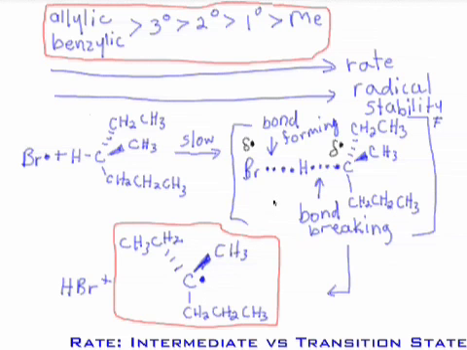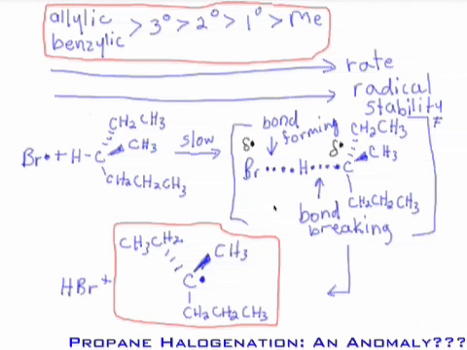And this leads to our next dilemma. You see, not all is right in free radical halogenation. What do I mean? Well, take a look at the following reaction. Suppose I give you propane. And in propane, I'm going to do monohalogenation. And I compare chlorination to bromination.